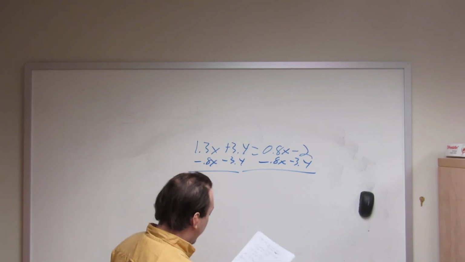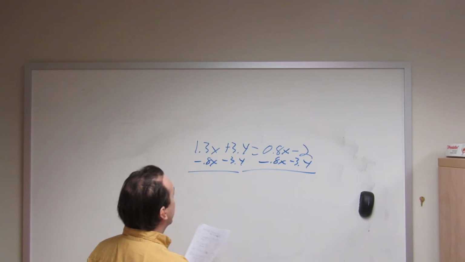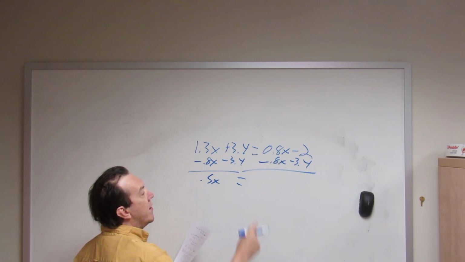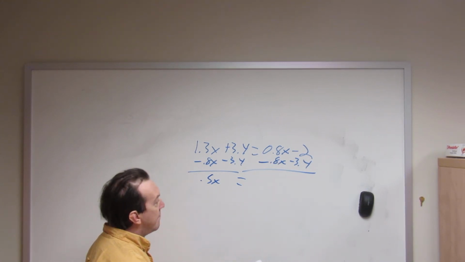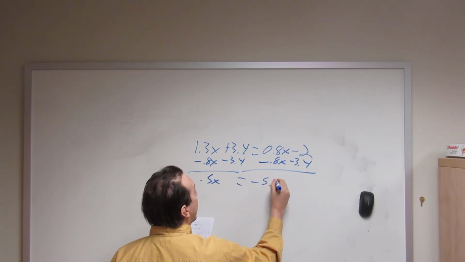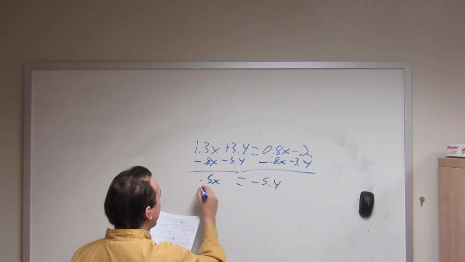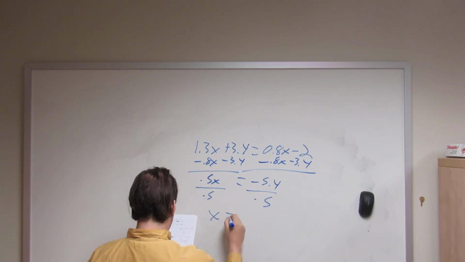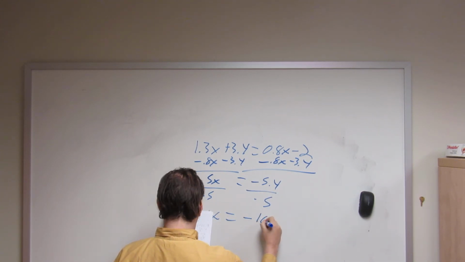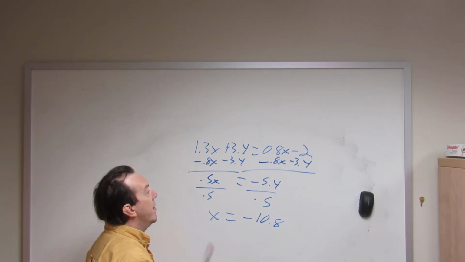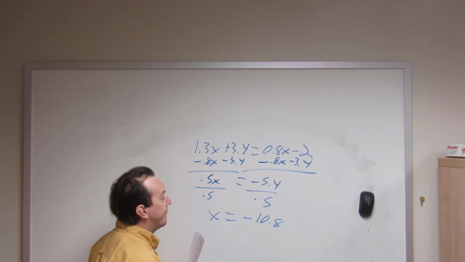When we do this, 1.3 minus 0.8 is 0.5x equals, we have minus 2 minus 3.4, so that's negative 5.4. Divide both sides by 0.5. X equals negative 10.8. Make sure you keep your negatives if you have them.